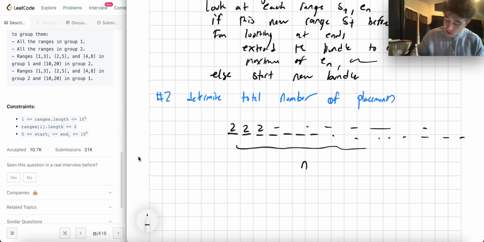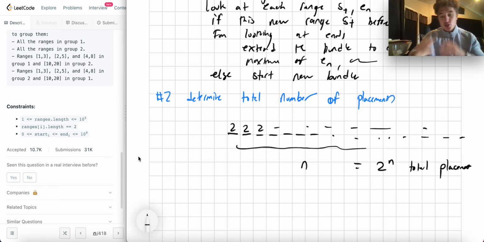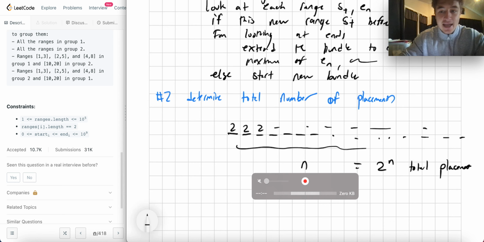There's n bundles, so that is 2 to the n total placements. So what we have to do is just find the total number of bundles and then take 2 to the power of the total number of bundles and return that. That's as best as I can explain it.